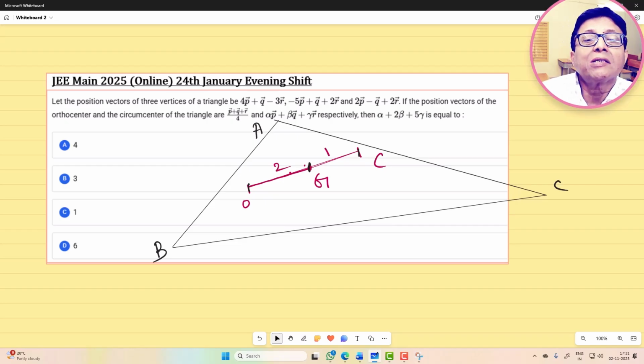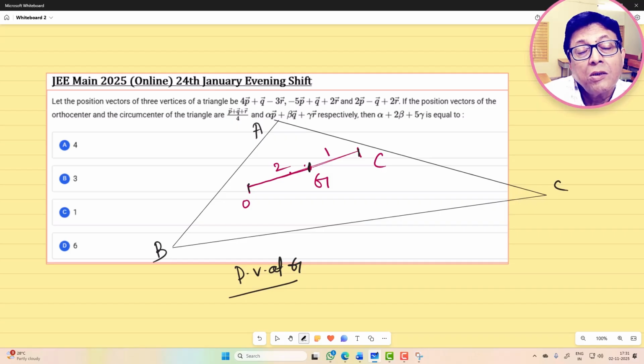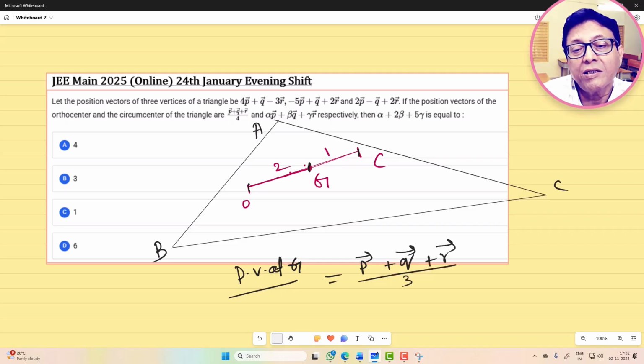So you can use this thing here. What is the position vector of G? The position vector of A plus position vector of B plus position vector of C divided by 3. That is 4P minus 5P plus... only P. And Q, 2Q minus Q, that is only Q. And 4R minus 3R, only R, divided by 3.